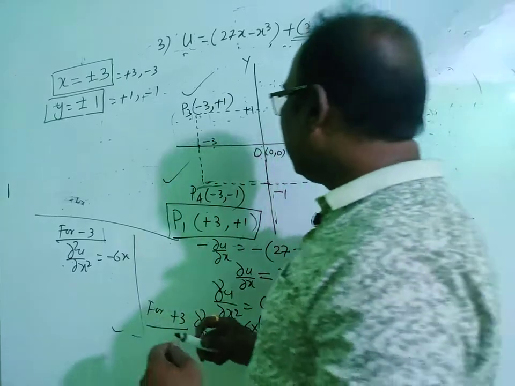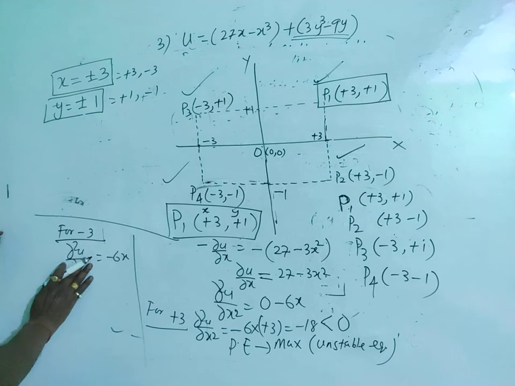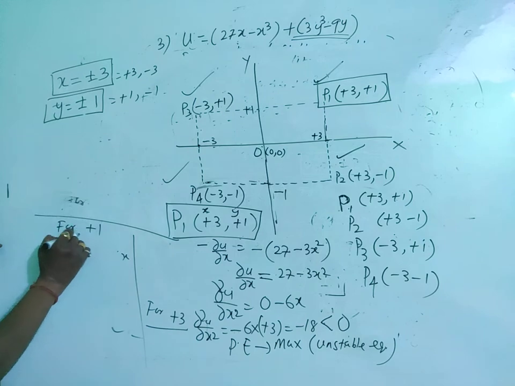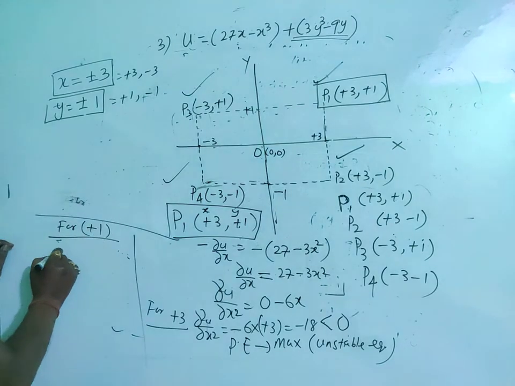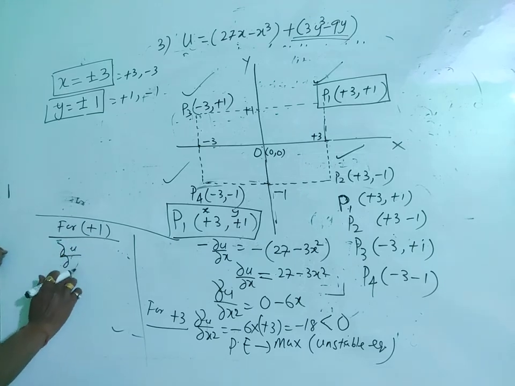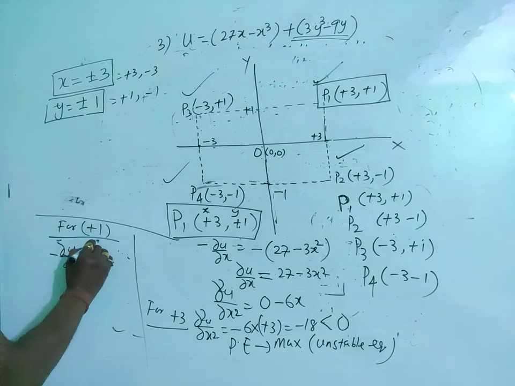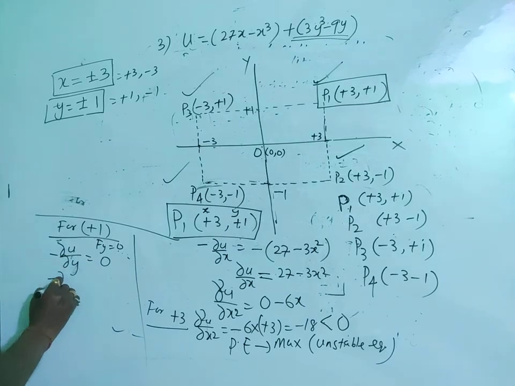This is for x, this is for y. For equilibrium, the force in the y-axis is 0, so minus du by dy is 0.